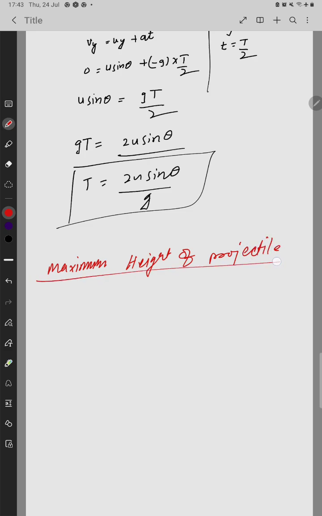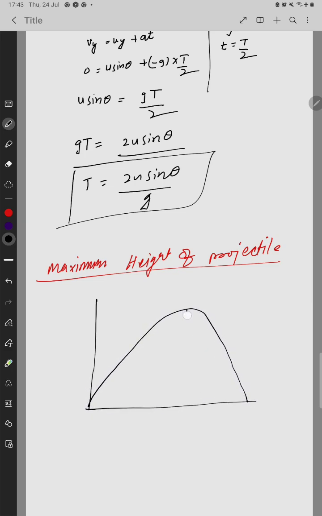So how to calculate the maximum height of the projectile, let's see. This is the maximum height of the projectile, this is y, this is the x axis. Up to here we are considering the time t, or you can say capital T by 2.